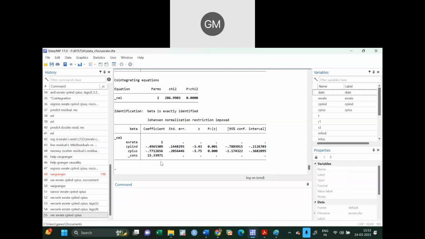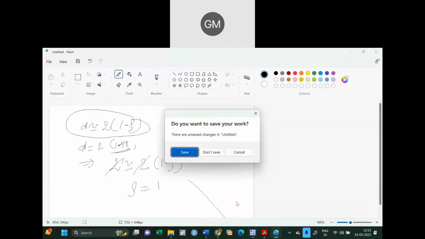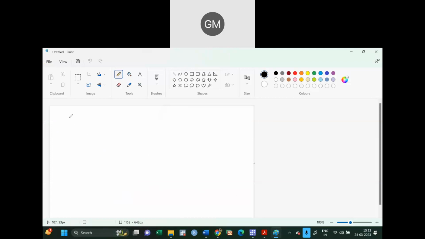So when we write the cointegrating equation, like we said, alpha 1 X rate plus alpha 2 CPI India plus alpha 3 CPI US. A linear combination of all these series is going to be stationary, where we check the stationarity of the epsilon.